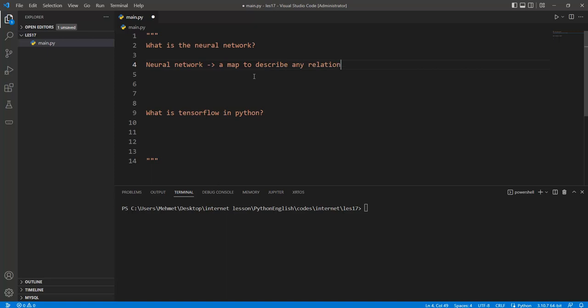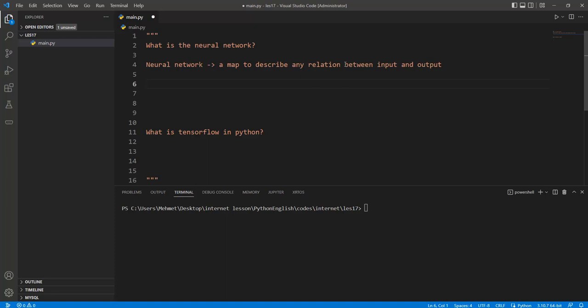For example, a mathematical equation or some decision, or any process can be modeled by using this kind of structure. Okay, so this is simply a map to describe any relation between the input and output.